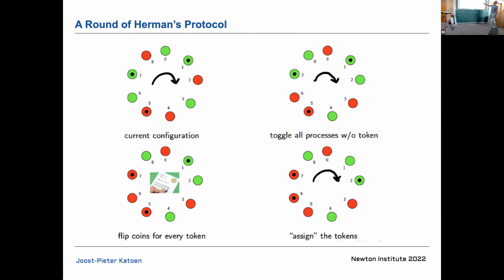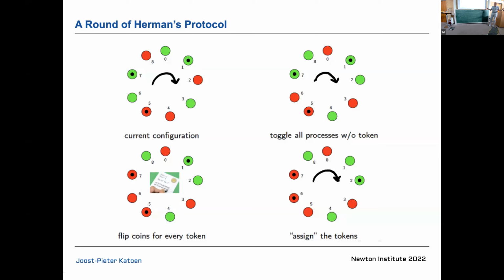This process is red, but its left neighbor is green, so it toggles the color. It inverts its bit, so to speak. Now the processes that have a token, this one and that one, flip a coin, and based on the outcome they can either change the color from green to red, or this one is green and remains green.